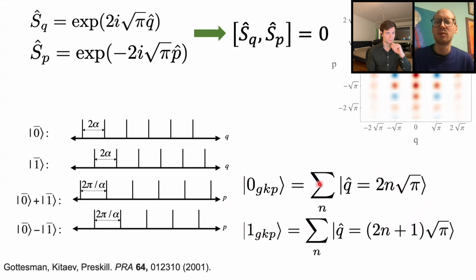That's unphysical. It would require an infinite amount of energy to prepare that state. So the state that you see in the top right corner doesn't have Dirac delta peaks. It has Gaussian peaks that start fading as you move away from the origin, because they have finite energy. So that is one approximation.